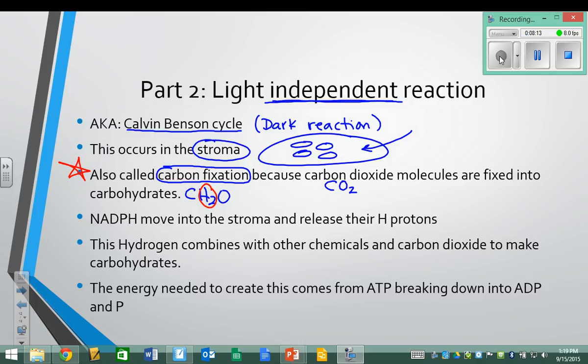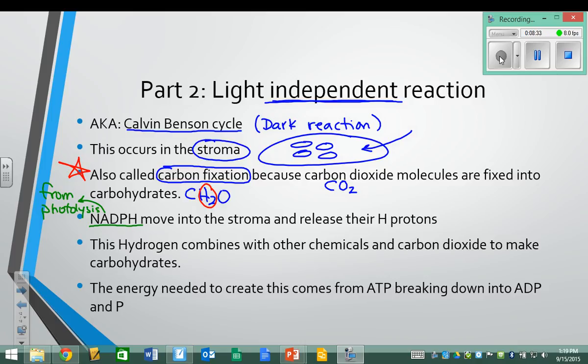So, a couple of points about how this fixation happens. First, NADPH from photolysis. So that's where it's coming from, the thylakoid membranes, from the first part of photosynthesis.